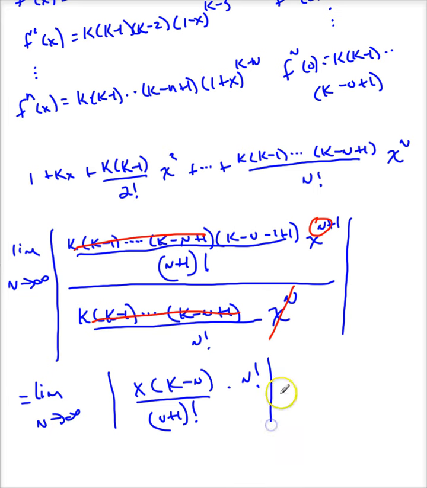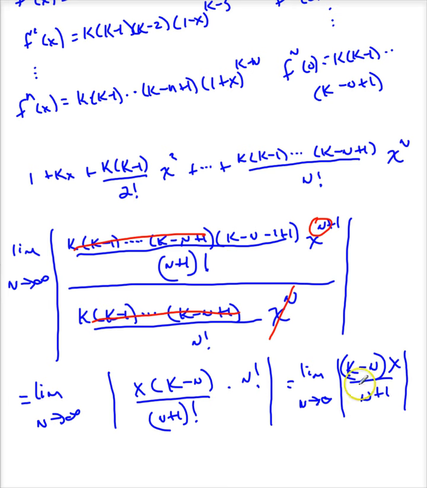I didn't get rid of my whole denominator. So this is the limit as n approaches infinity of the absolute value of k minus n times x divided by n plus 1.